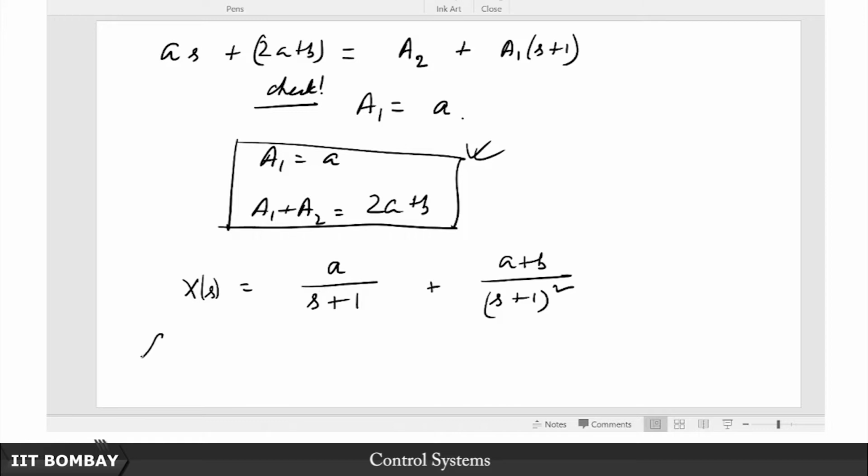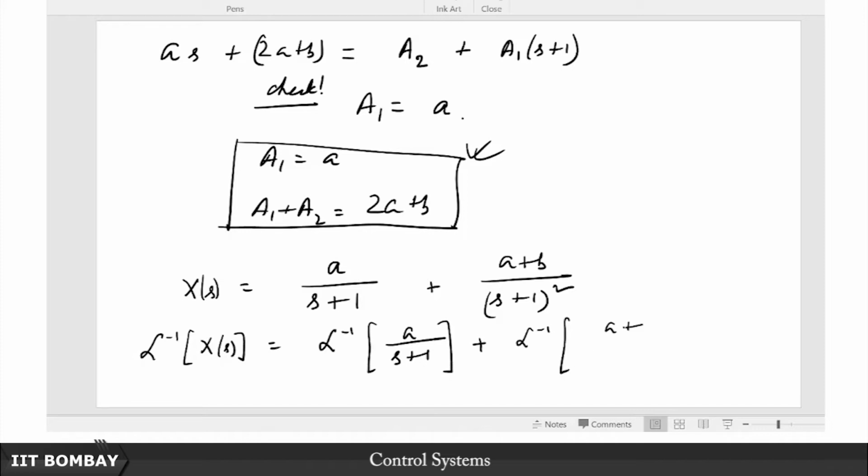So let's just apply the Laplace inverse on both sides. Because the Laplace transform as well as its inverse is essentially a linear operation, we can say that the Laplace inverse of the sum is the sum of the Laplace inverses, right? So in one step straight away I am going to write it in this fashion, right?